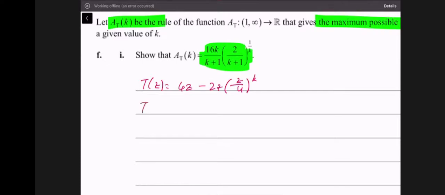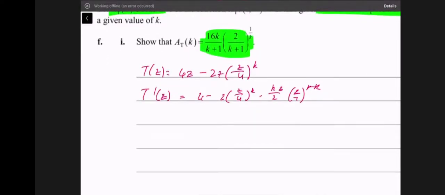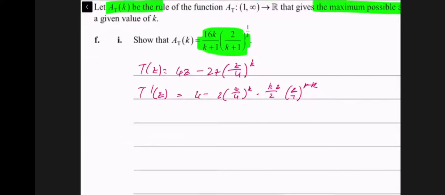If we are approaching this to find the maximum, we do T'(z), which your calculator will give you as 4 minus 2(z/4)^k minus k(z/4)^k times 2, which is 4 minus 2(1 minus k)... When you're trying to find the maximum, you would equate T'(z) to equal 0.